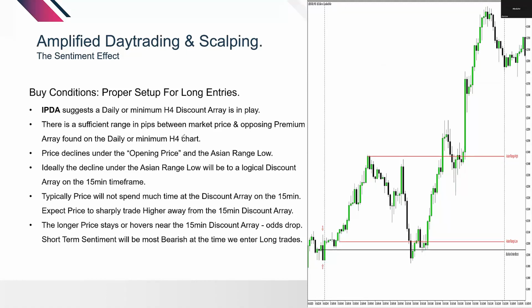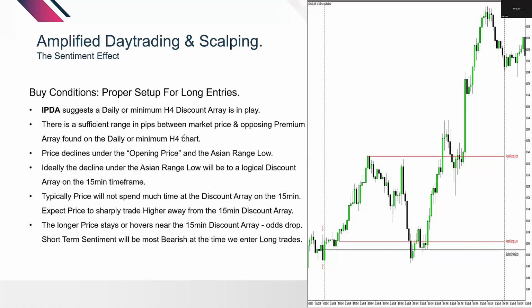So the sentiment effect, buying conditions, the proper setup for long entries. When IPDA suggests a daily or a minimum H4 discount array is in play, right? When there's sufficient range in pips between market price and opposing premium array. That's where you need to see that price has found support on either a daily bearish order block or a daily fair value gap or a daily liquidity void, you know, those discount arrays.